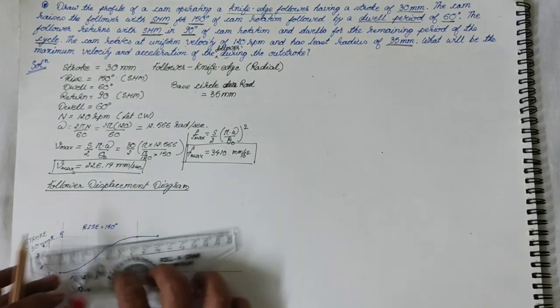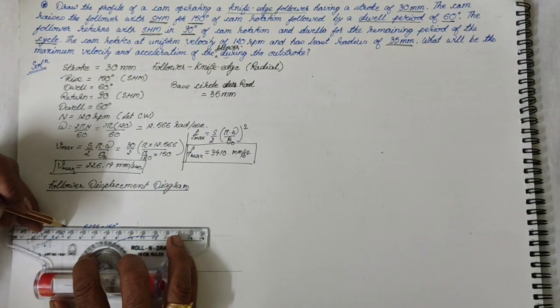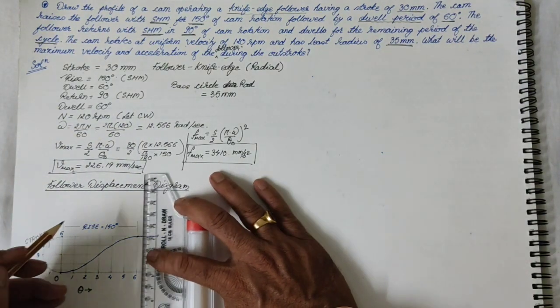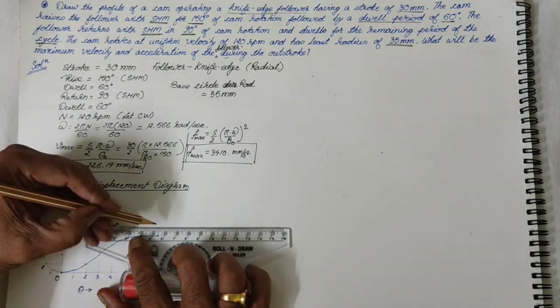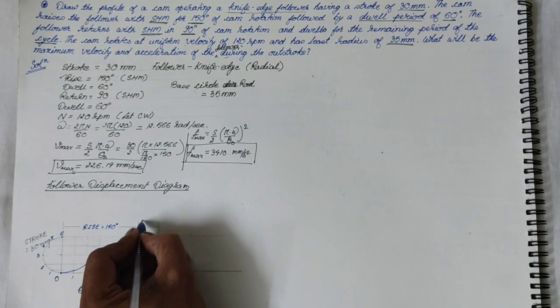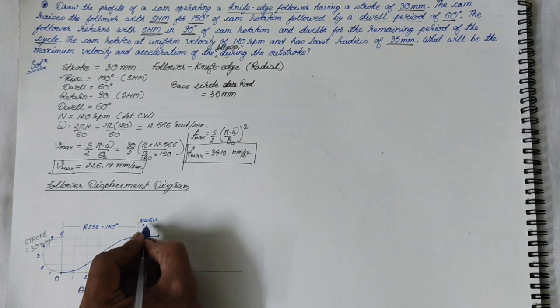So this is the rise, and from here to here we are showing the dwell. This dwell is of 60 degrees.